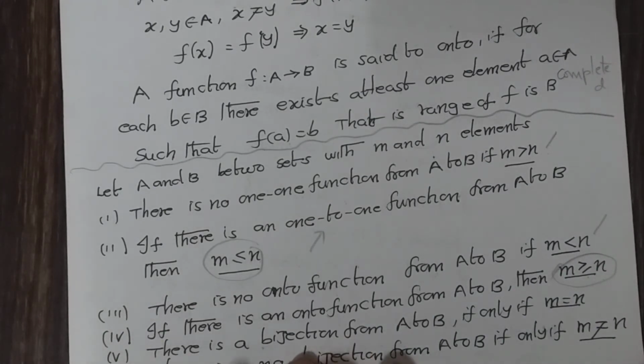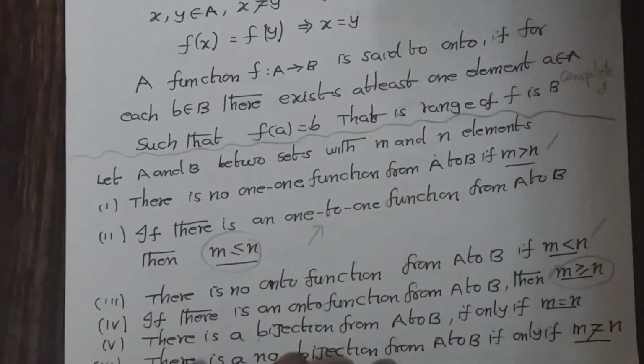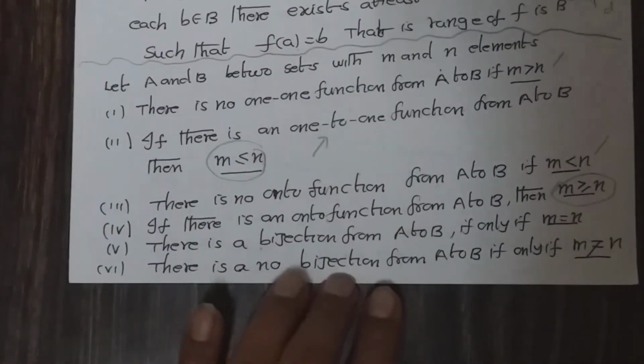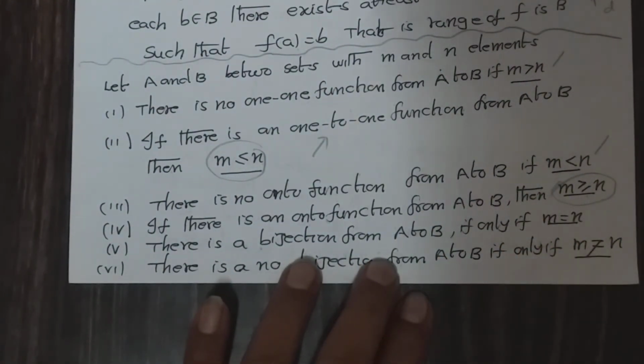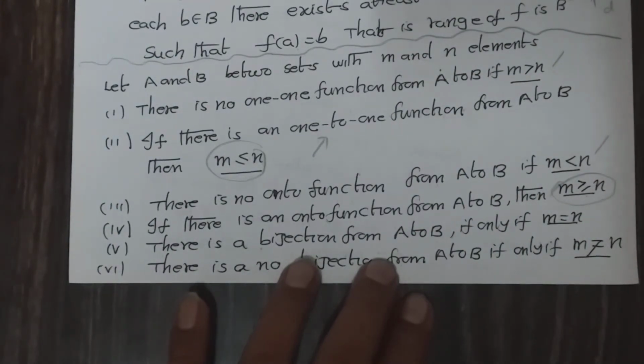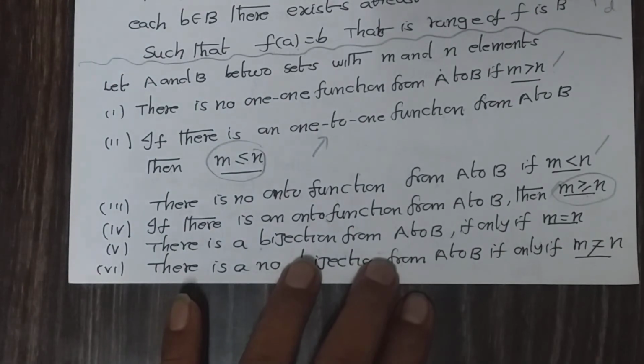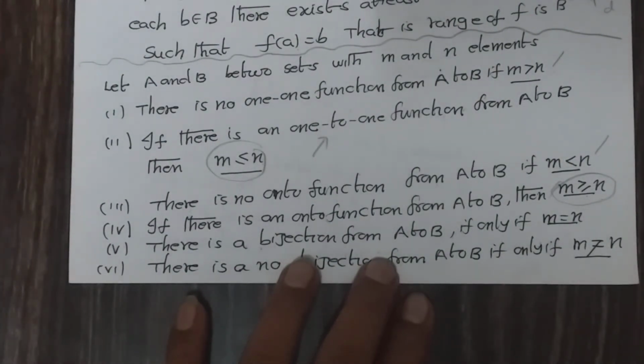Next, bijection and not bijection. When will it be a bijection? When m is equal to n. M is equal to n means what? Number of elements. The 5th case: there is a bijection from A to B if and only if m is equal to n. The number of elements in set A should be equal to the number of elements in set B. Then you can frame a bijection, both 1 to 1 and onto.